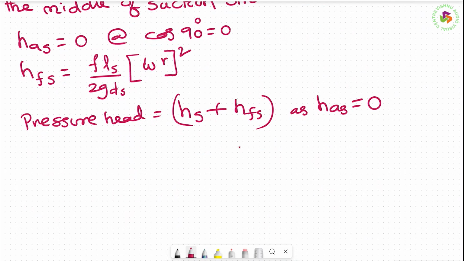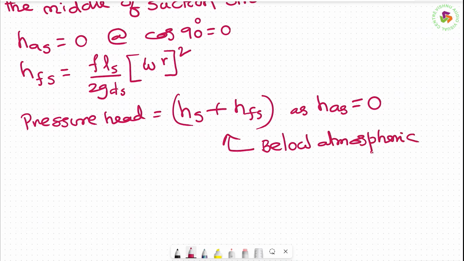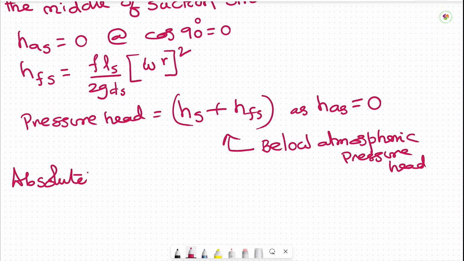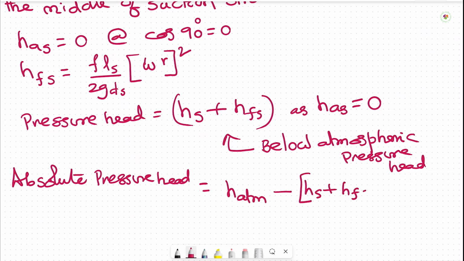This is also negative pressure head, below atmospheric pressure head. And if you want to write the absolute pressure head, it is equal to H atmosphere minus (Hs plus HFS).